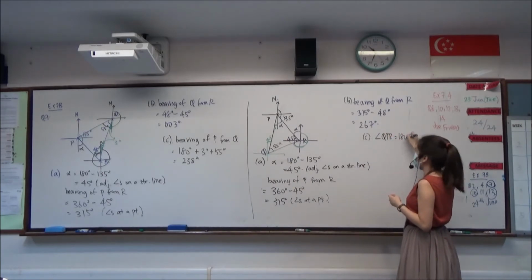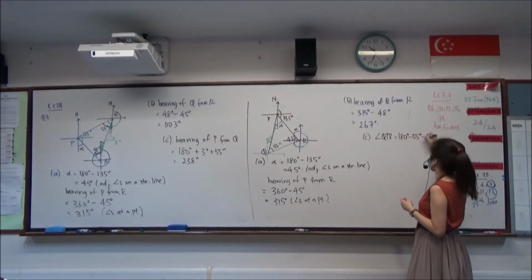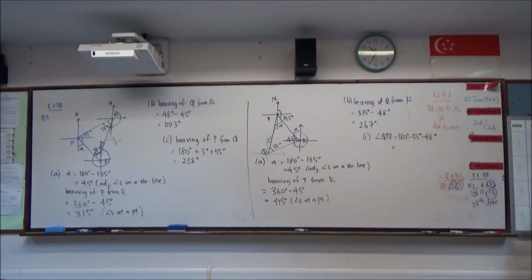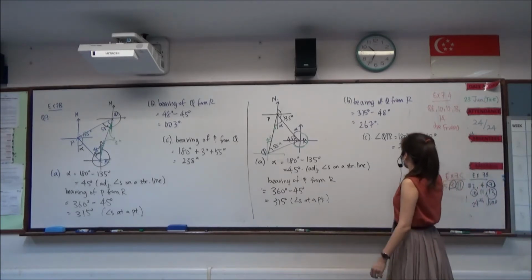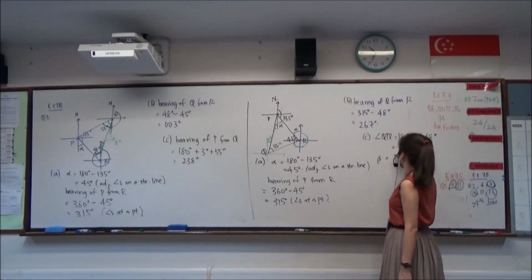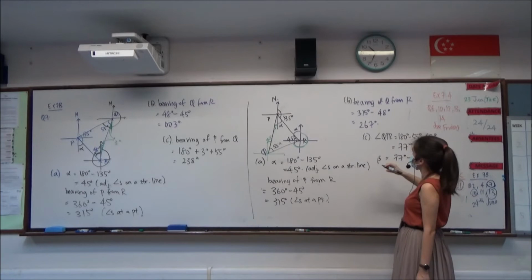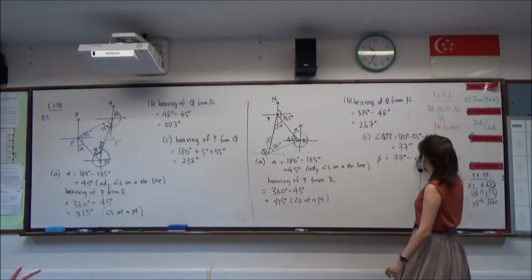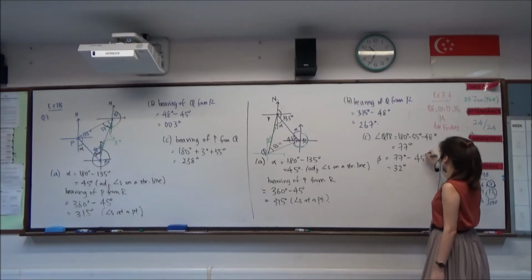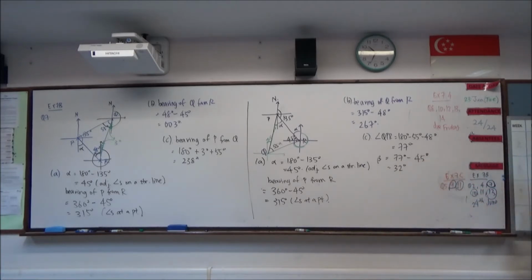Which is 180 minus 55 minus 48 degrees, and I will get 77 degrees. Then after that, to find the angle beta, it will be 77 degrees minus alpha, which is 45 degrees, and we get 32 degrees.